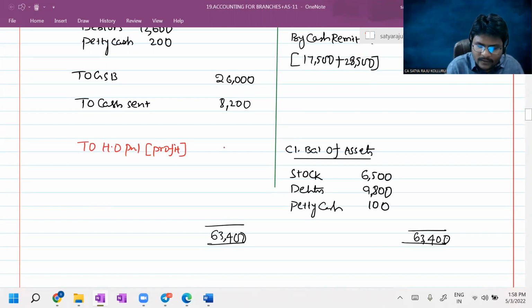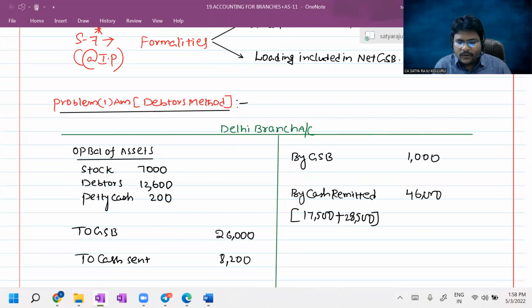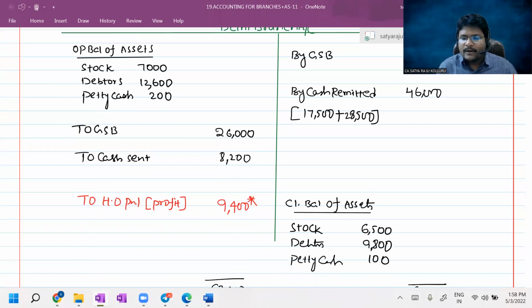So the difference is 9,400, guys. The profit or loss derived from the Delhi branch, we get as 9,400 through that simple 6-step approach.